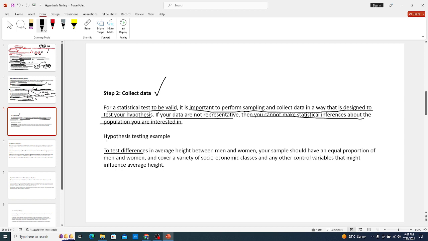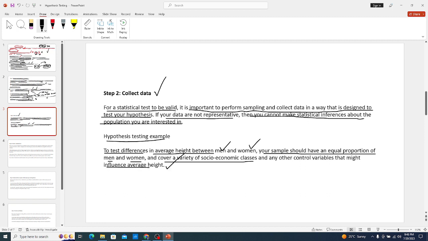So, hypothesis testing example. To test differences in average height between men and women, your sample data should have an equal proportion of men and women and cover a variety of socioeconomic classes and any other control variable that might influence what?